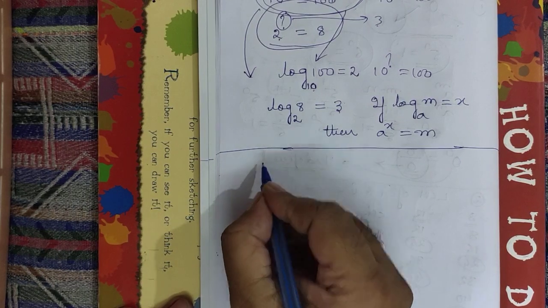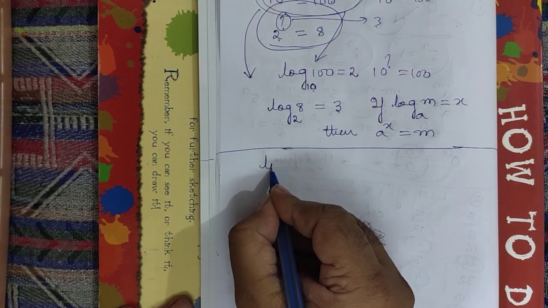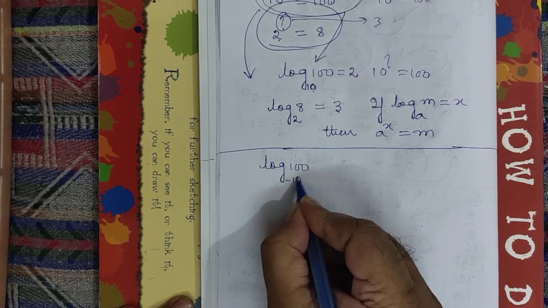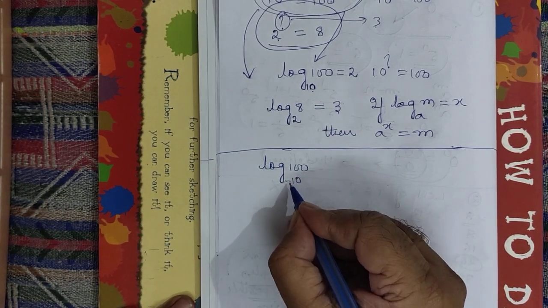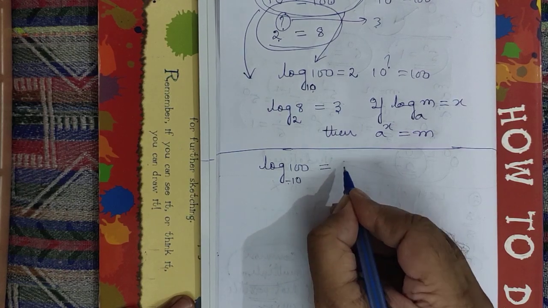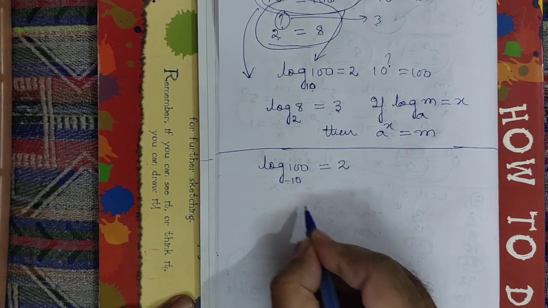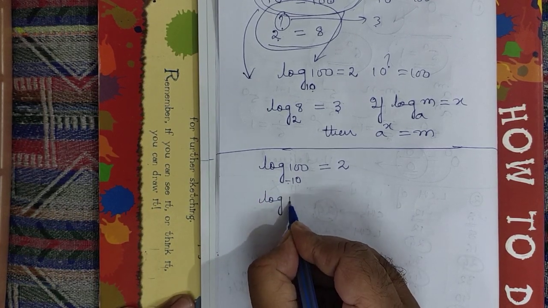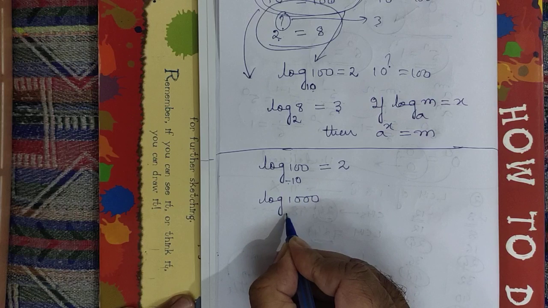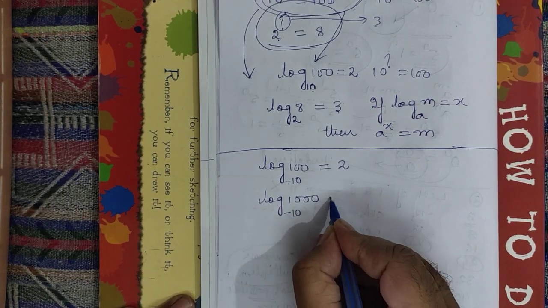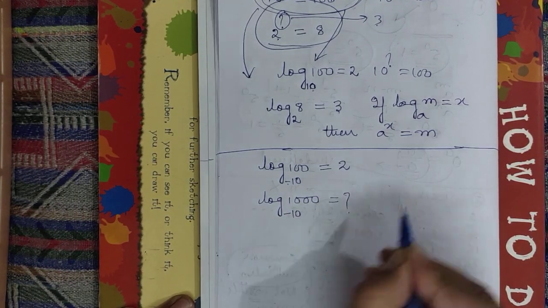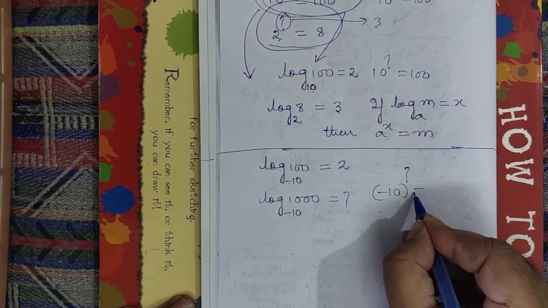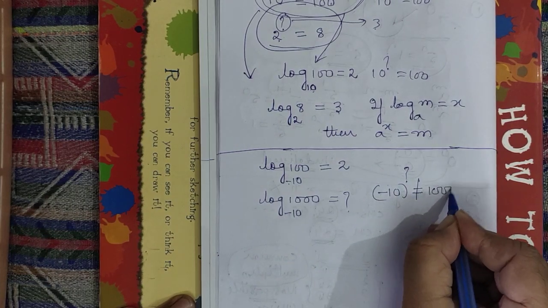So now, suppose I ask you log 100 base minus 10. What is the power of minus 10 to get 100? You would say it is definitely 2. But the moment I say log 1000 base minus 10, will you get a value? There is no value, because minus 10 to the power anything you put can never be equal to 1000.